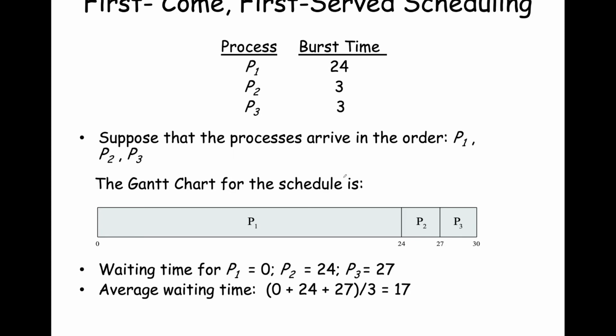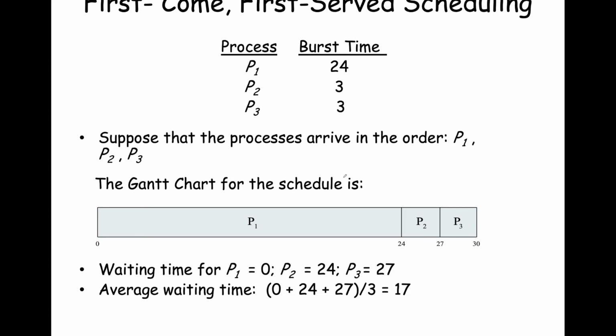This looks just like a queue data structure: you add things at the tail and remove them at the head. If you arrive first in time to the ready queue, you're scheduled first, because the scheduler takes processes off the ready queue in the order in which they arrive, which is exactly how a queue data structure operates.